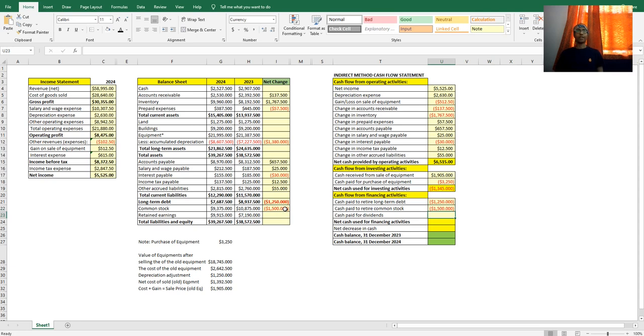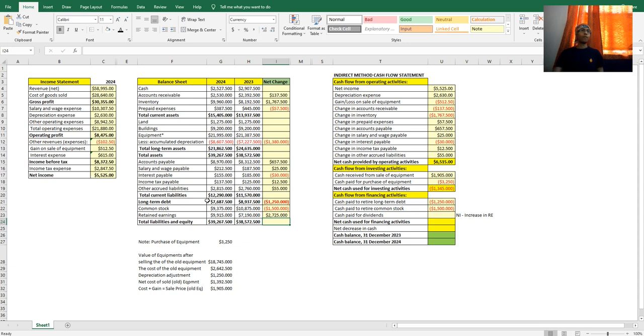Cash paid for dividends is basically net income minus increase in retained earnings for the period, right? So let us find out first if there is an increase in retained earnings. This is equal to 9915 minus 7190. Yes, there is an increase of 2725.